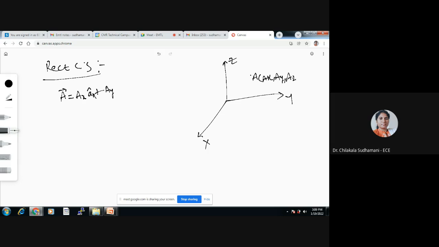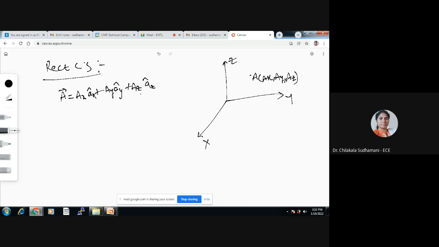These are the measures or location points from the XYZ axes. So A equals AX ax cap plus AY ay cap plus AZ az cap. This is the vector representation.